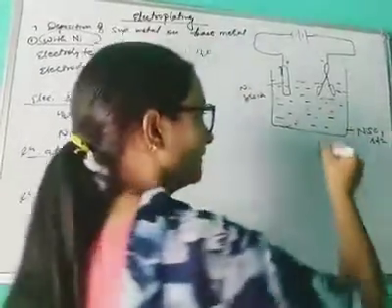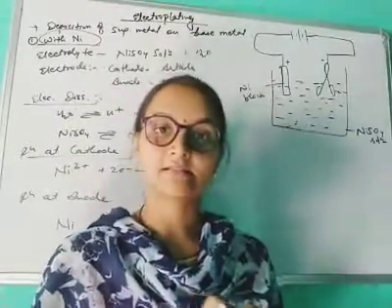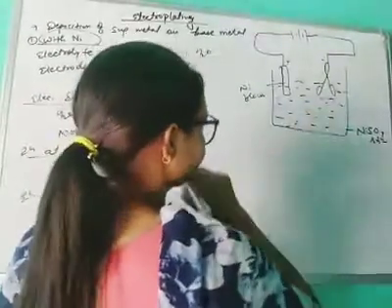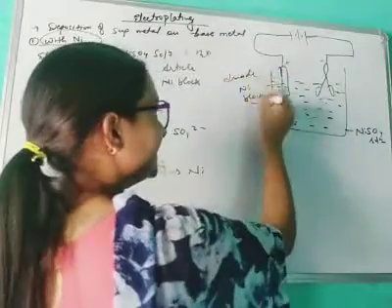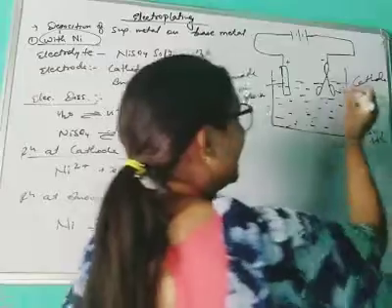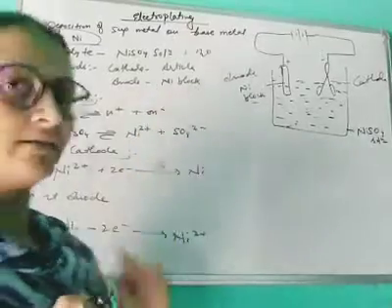So here we take NiSO4, that is nickel sulfate solution. Now at anode we use the Ni block, and at the cathode we use our article.